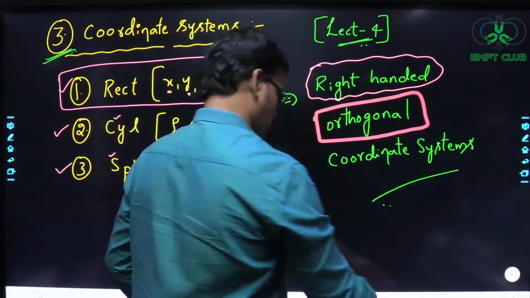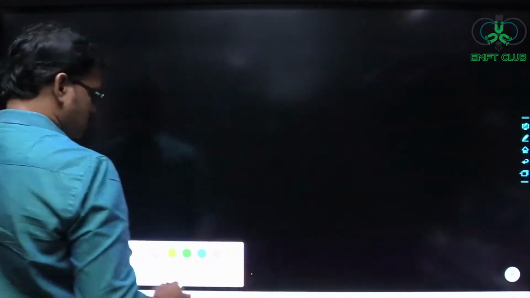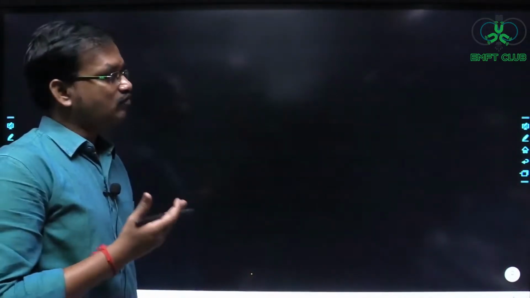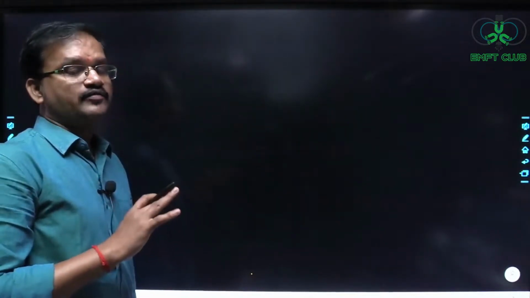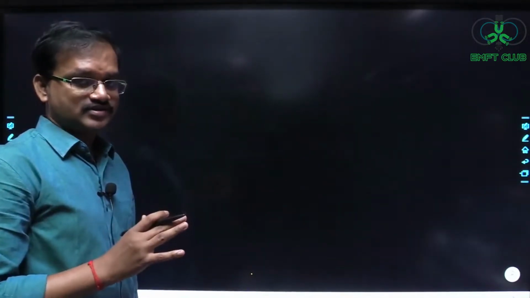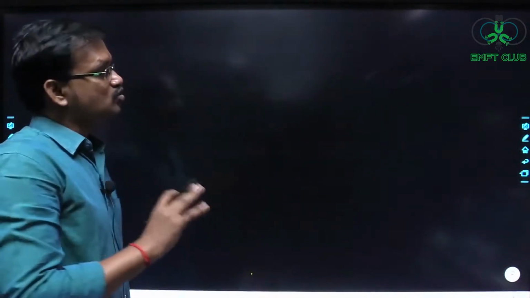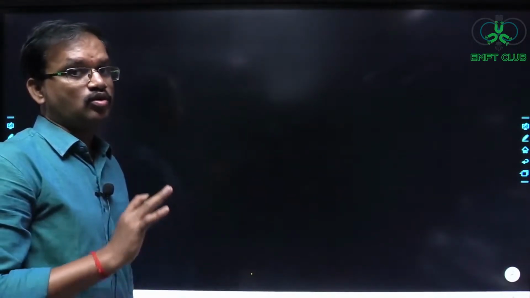Now you have understood why we call them orthogonal coordinate systems. Now we will see why we call them right-handed. I said that whenever we draw the coordinate axes, you have to follow the right hand rule. So what is that right-handed convention we have to follow?